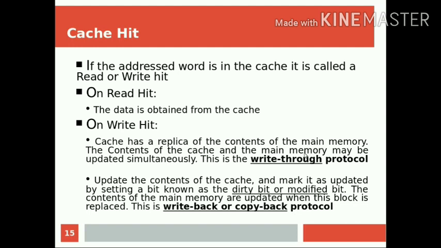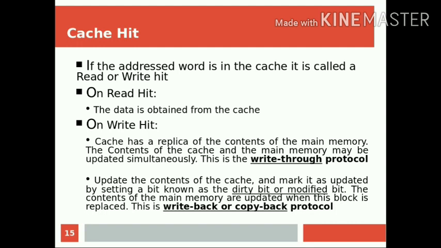So in the case of a write, the content of the block will change, but the block within the cache and the main memory must be consistent. So how to make that consistent? For that purpose, we will use mainly two protocols, write through protocol and write back protocol.